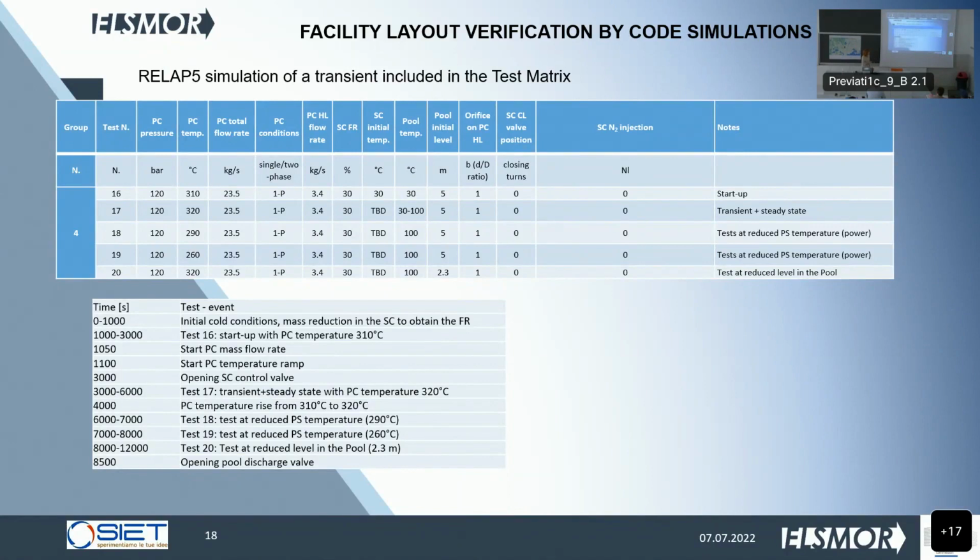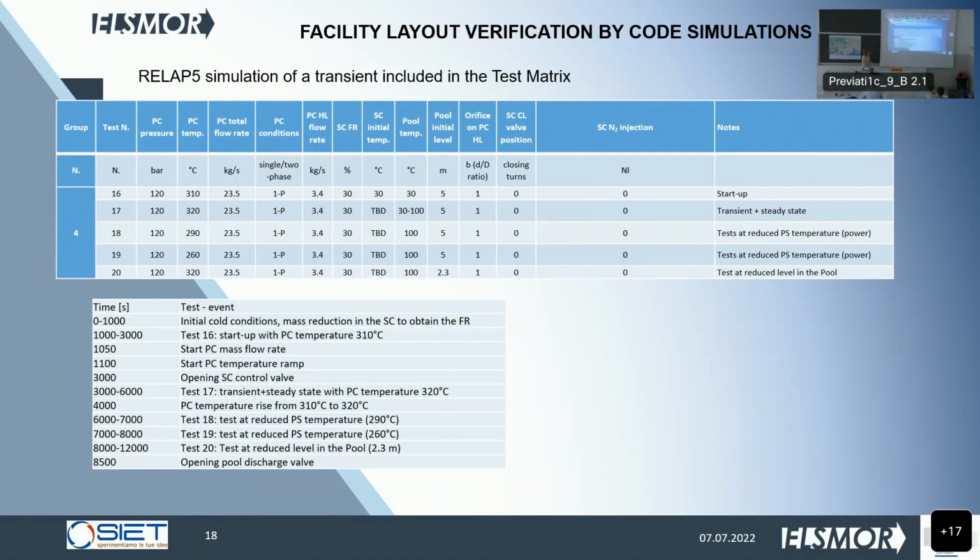In this case, the ratio between the hole of the orifice and the pipe diameter is 1, so this means there is no orifice, but it could be 0.5. This means we will introduce a restriction in the pipe that increases pressure drops, so this can change the circulation and the flow regime in the loop.